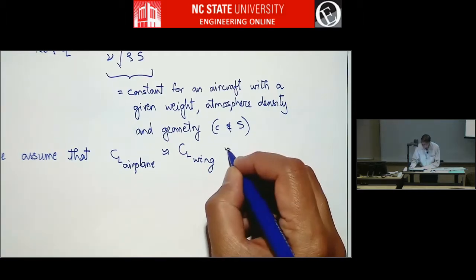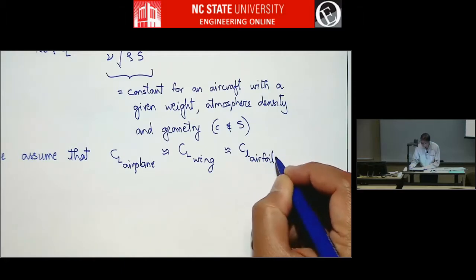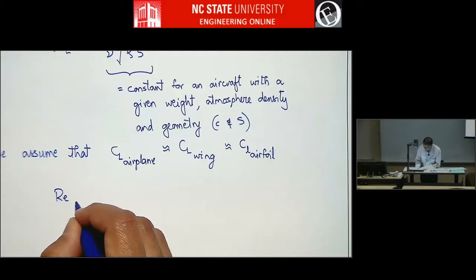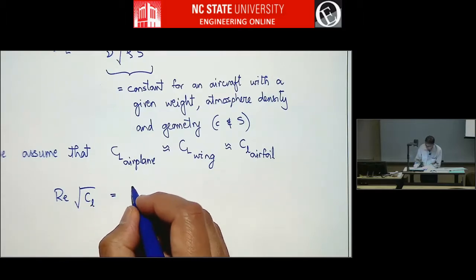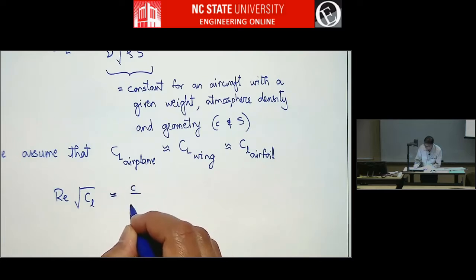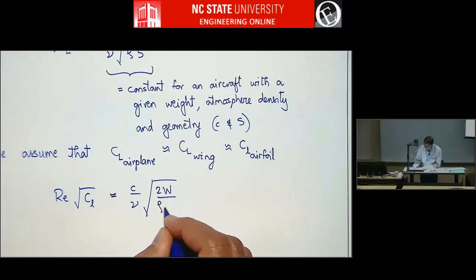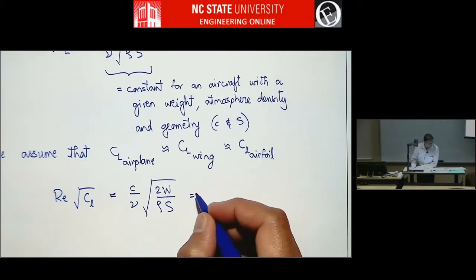And what you can further say is that this is approximately the lift coefficient of the airfoils. This is also usually true. So you can say Re times square root of CL, which is CL of the airfoil, is approximately C over nu times 2W over rho S, and this is equal to a constant.